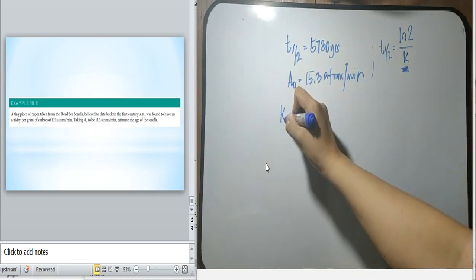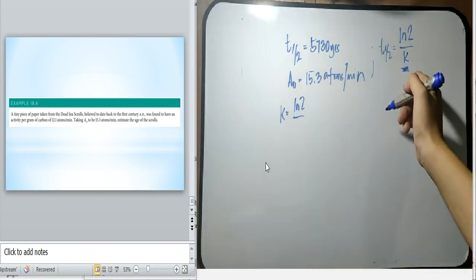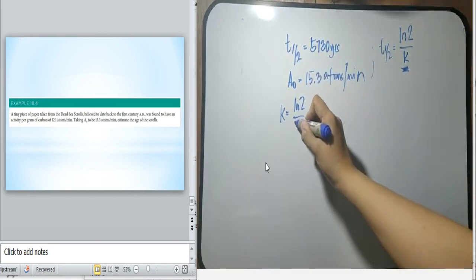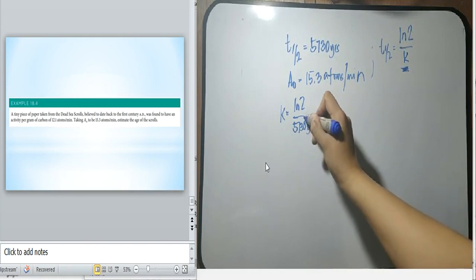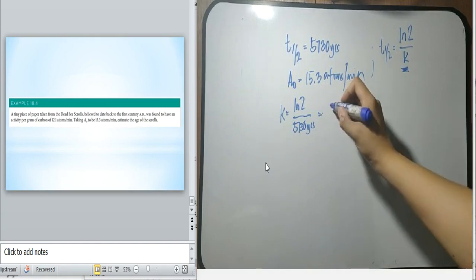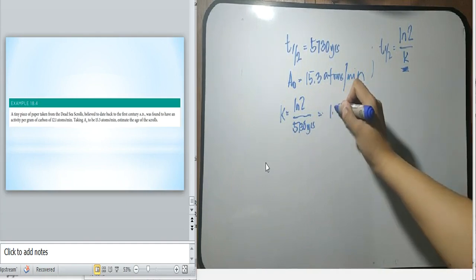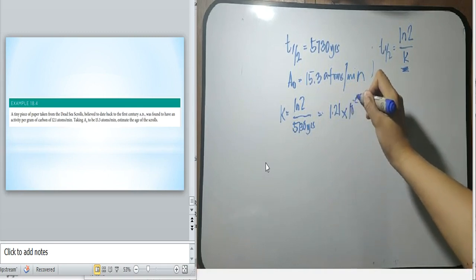K is equal to ln 2 over the T1 half, 5,730 years. So, our K or rate constant is 1.21 times 10 raised to negative 4 per year.